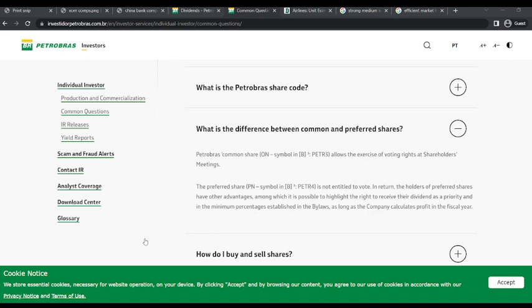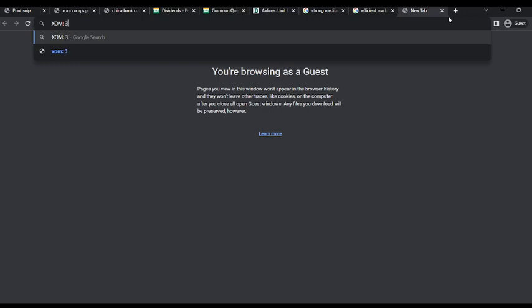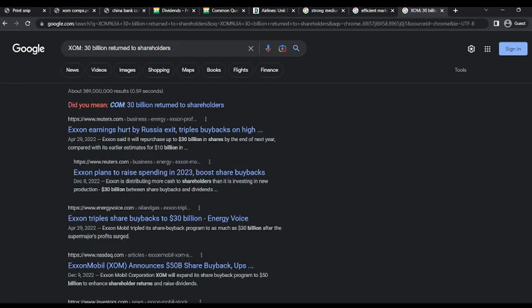So ExxonMobil returned $30 billion to shareholders from fiscal year 2022, and you can check that yourself if you wish. I hope I can read a cash flow statement after being an accounting tutor.